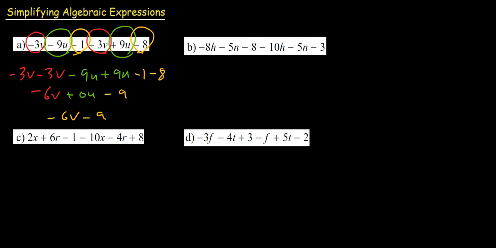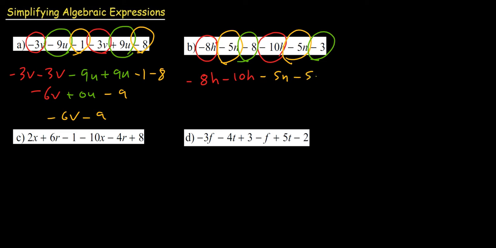Okay, so hopefully you've done that now. Let's circle the like terms, the H's. Let's circle the N's. And let's circle the numbers. So let's write down the H's first. We've got negative 8h, negative 10h. We have negative 5n, negative 5n.